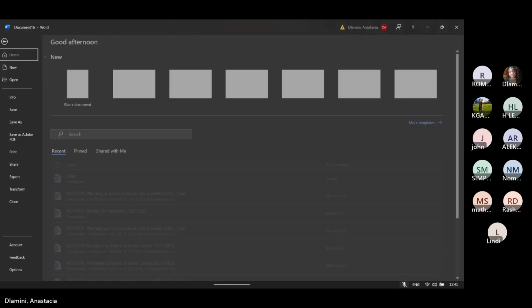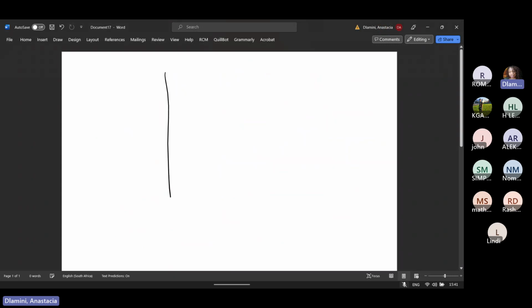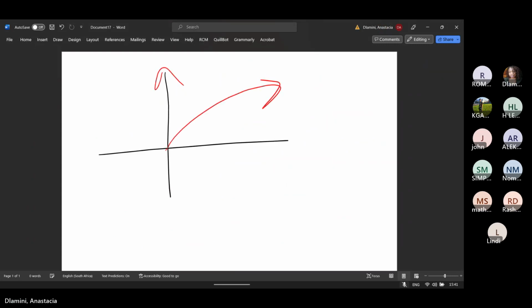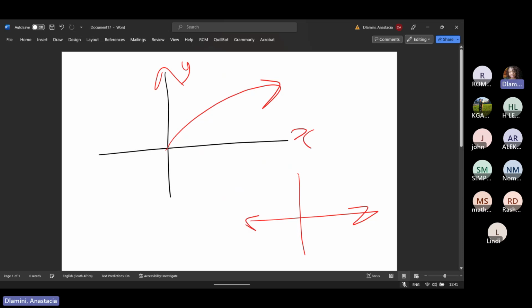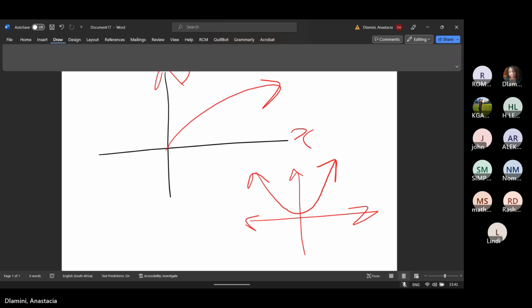Thank you. So this is what they mean. Horizontal line test.